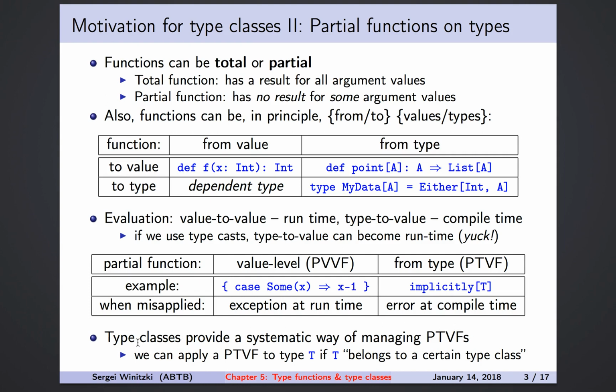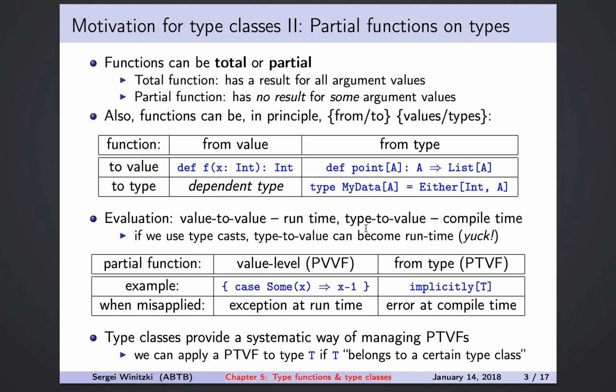The idea, roughly speaking, is that the type T should belong to a certain type class, or a certain subset of types, or a certain type domain, or a certain kind of types. And then you can apply the partial type-to-value function to that type.